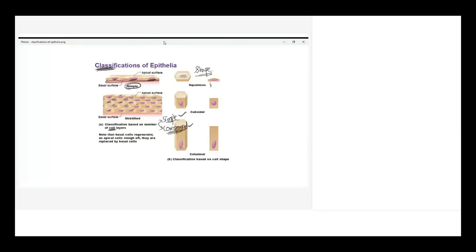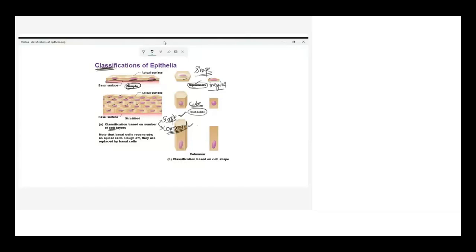If the cells are cube-shaped, then such tissue is called cuboidal epithelium. The whole cell shape indicates the type of tissue.